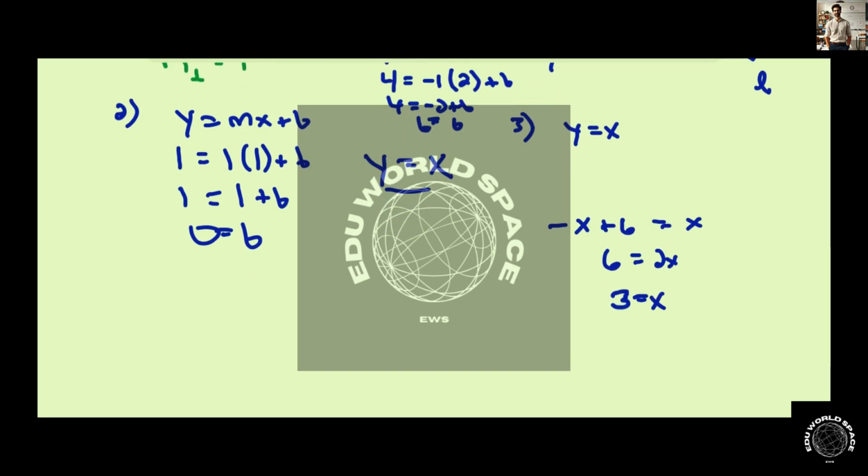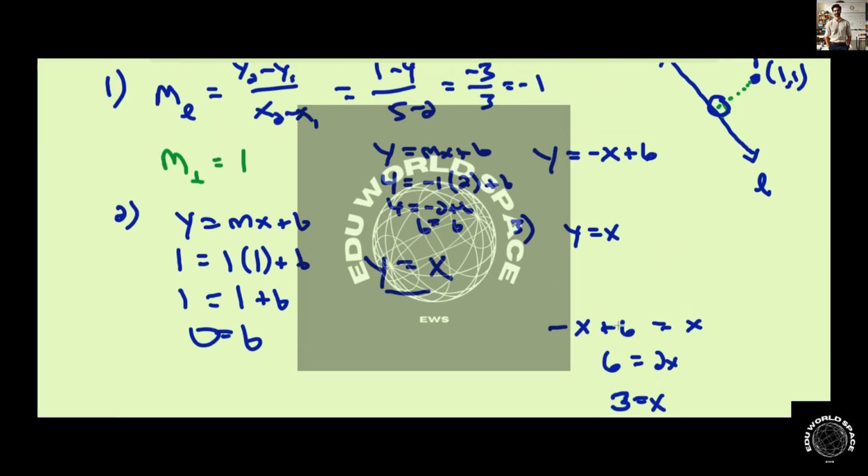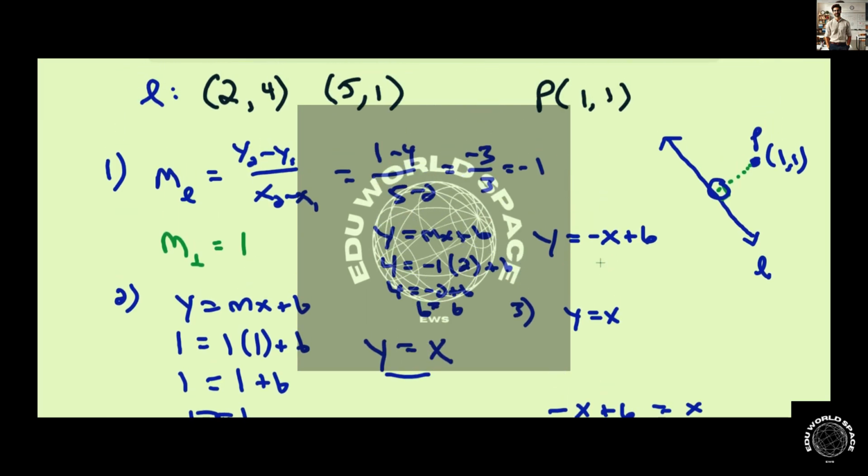So if x equals 3, then y equals 3, which means this location would be at 3, 3. So this is now a bad picture. I'm not actually on the coordinate plane. It would actually be up here, right? And if you were graphing this yourself, you might have noticed this.